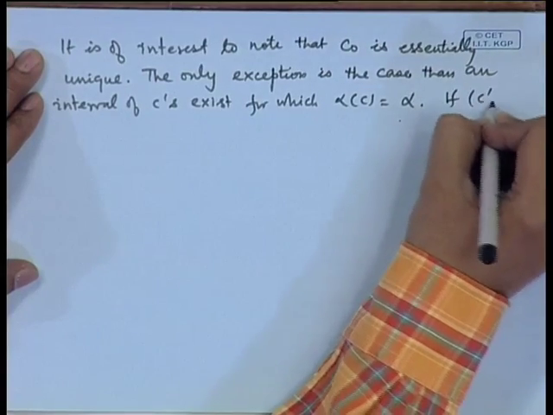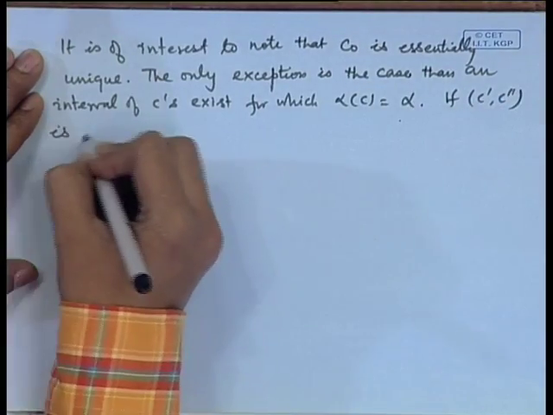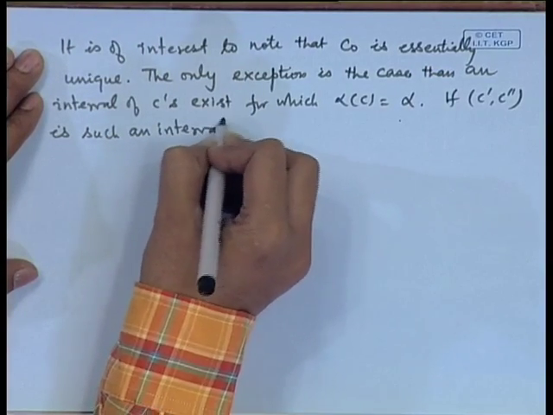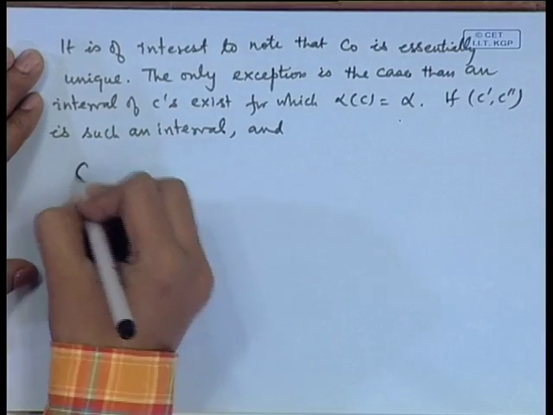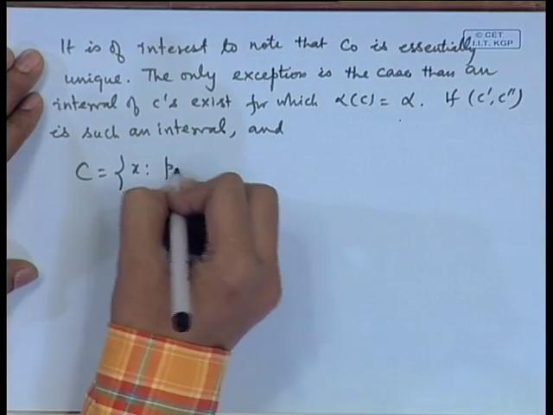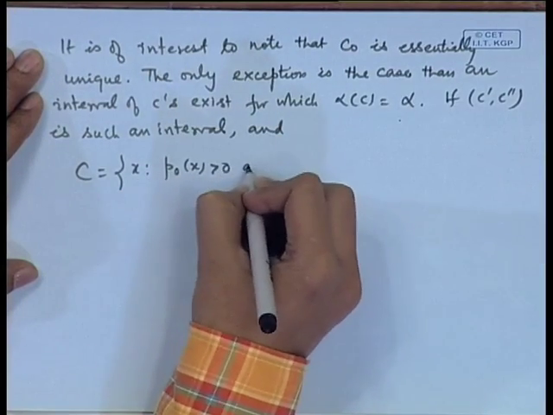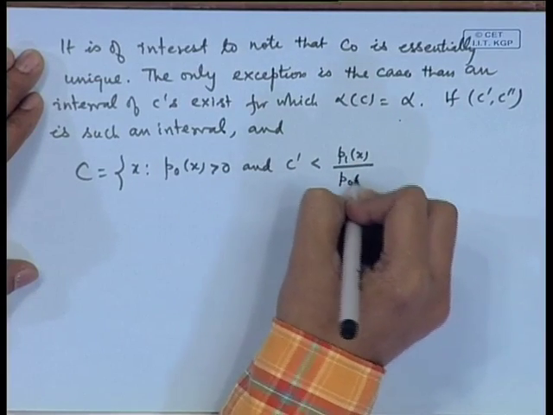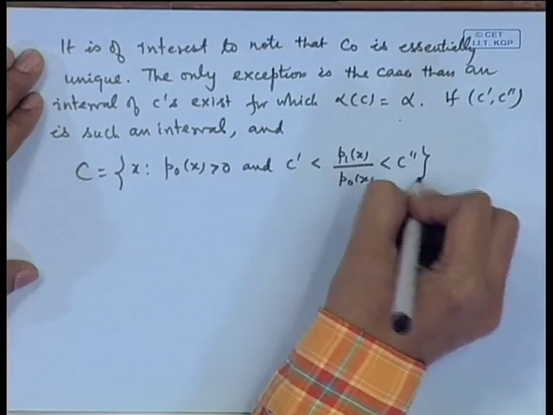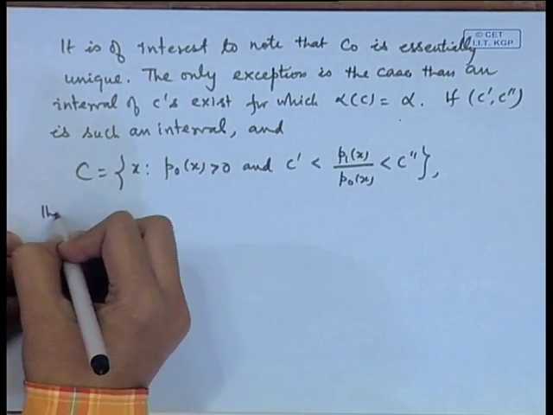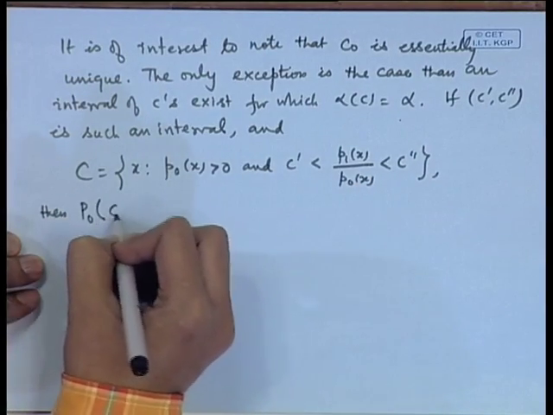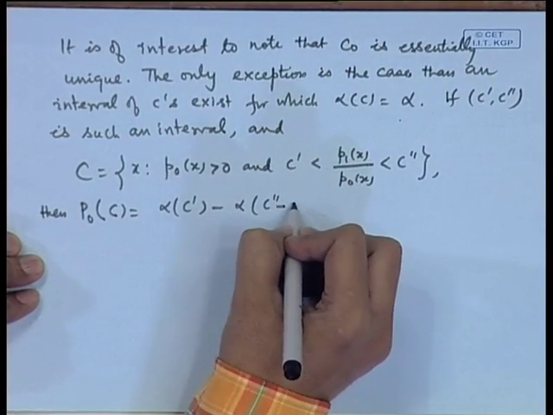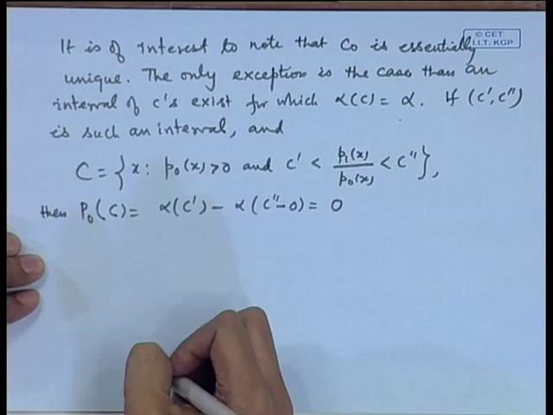So, if C prime to C double prime is such an interval and C is equal to x such that P naught x is greater than 0 and C prime is less than P 1 x by P naught x is less than C double prime, then P naught C is equal to alpha C prime minus alpha C double prime minus 0 is actually equal to 0.